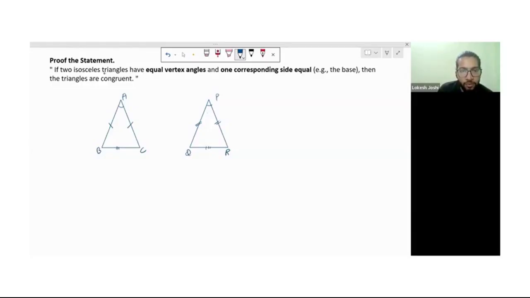So first of all, we have to check whether the given information is drawn correctly or not. The equal vertex angles are A and P, and one corresponding side, which means BC and QR. Now we will start our proof.